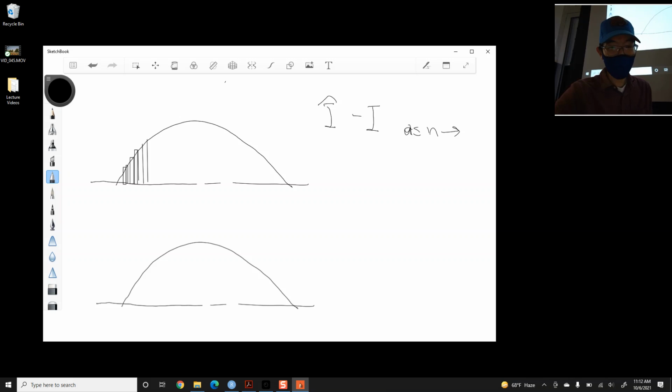The efficiency, the accuracy of this thing is way better. So the Riemann sum, if you do this, right?